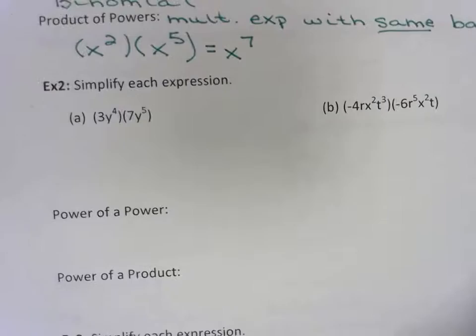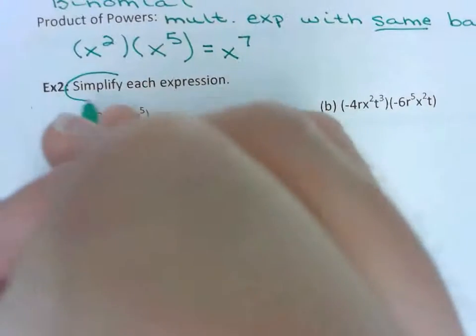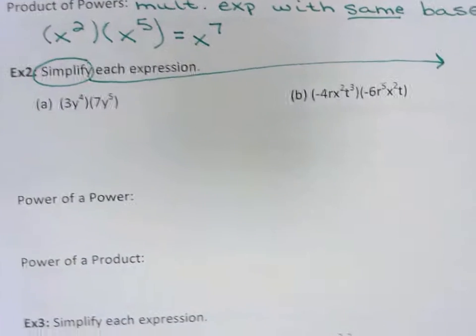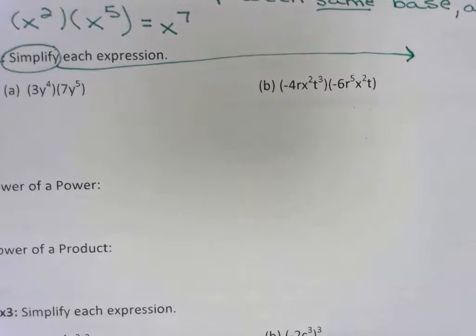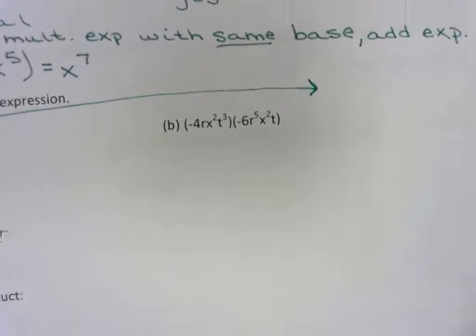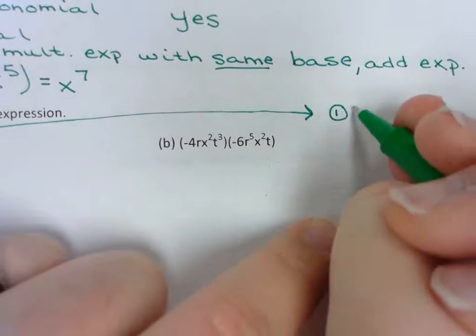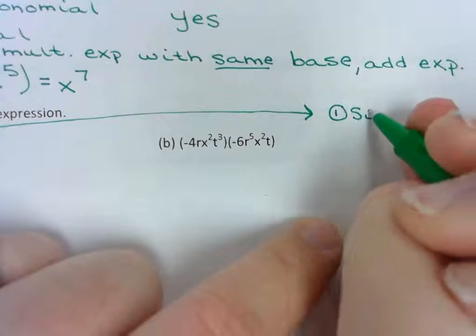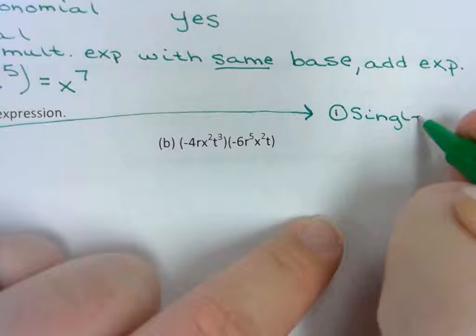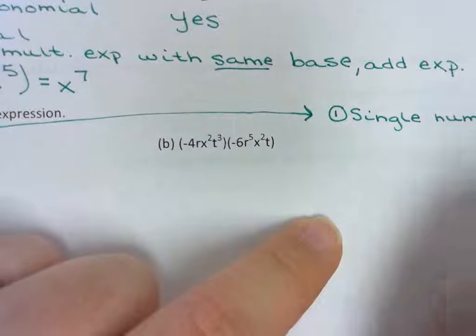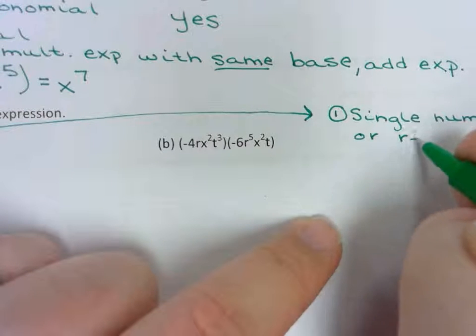Okay, let's look at a couple of these. Simplify. Let's look at the word simplify. Let's make a note down here on the side. You're going to see the word simplify a lot in the next couple days. Let me give you a checklist of what simplify means. Three things you need to check for. A single number or reduced fraction.